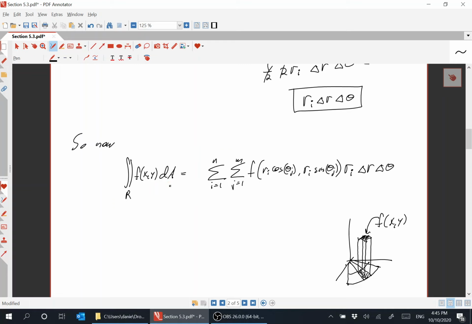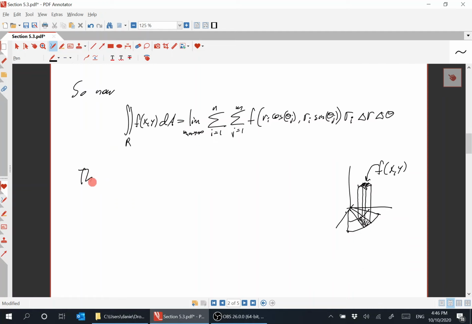So the double integral, which is the volume under the surface, between the surface and the xy plane, we're estimating by using these funny polar rectangle boxes, and the volume of those boxes is the sum of the height times the area of the base, which is approximately R_i delta R delta theta. And if we take the limit as m and n go to infinity, then the volume is precisely that.